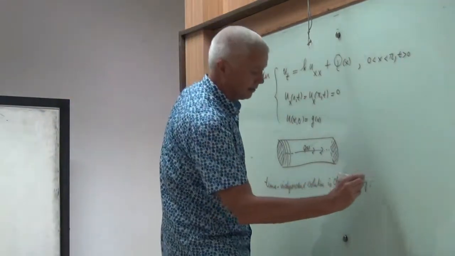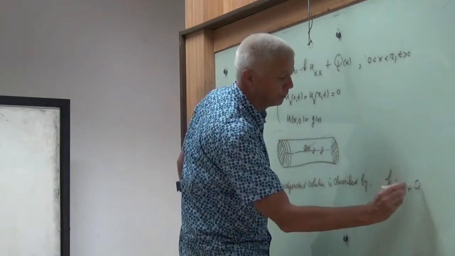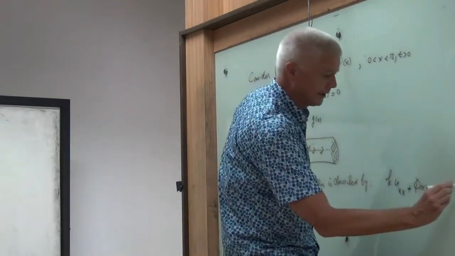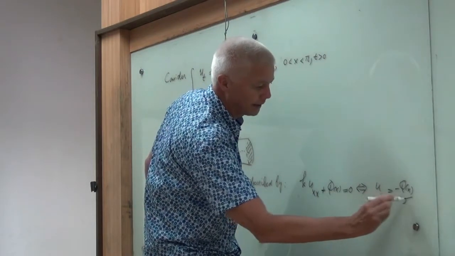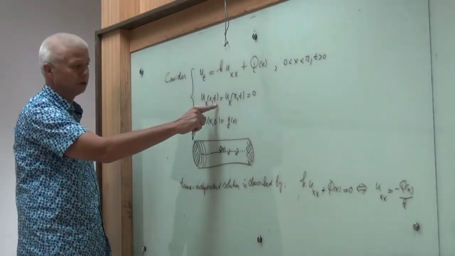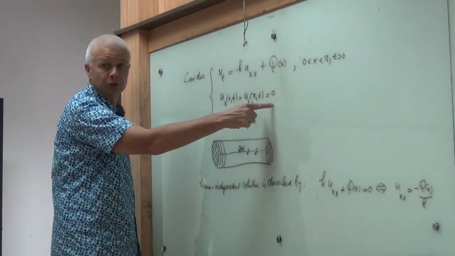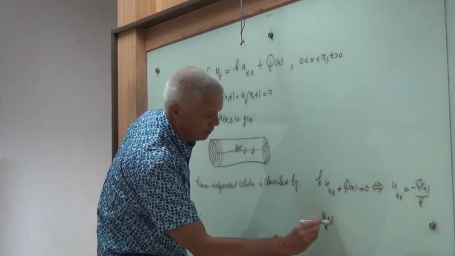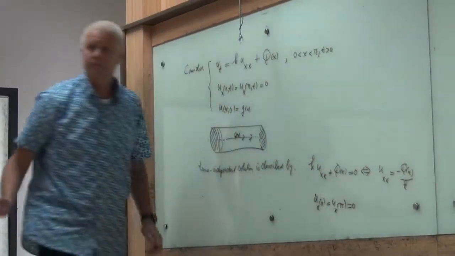And I will get that k times u_xx plus q(x) is equal to 0, or equivalently u_xx is equal to minus q(x) over k. Time independent solution, there's no time dependence, so I will get u_x at 0 and u_x at pi also equal to 0. Yeah?